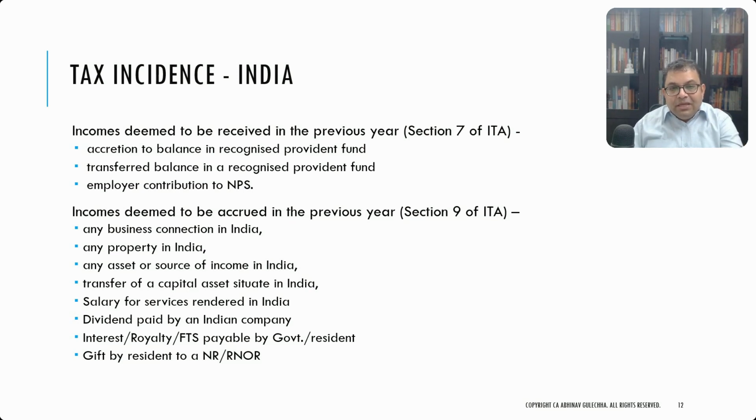The person who is giving the gift is a resident, and the income is taxable to you, right? Now understand this: if you go to Section 56 of the Income Tax Act, a gift to a relative is non-taxable for certain relatives. But if it is a non-relative or a friend, right? Even if that gift is made, the gift is taxable to the non-resident.